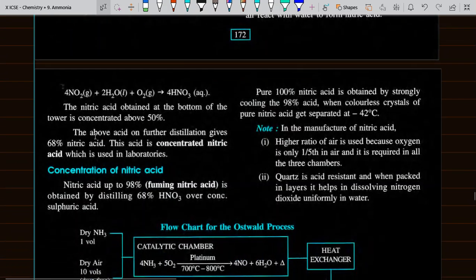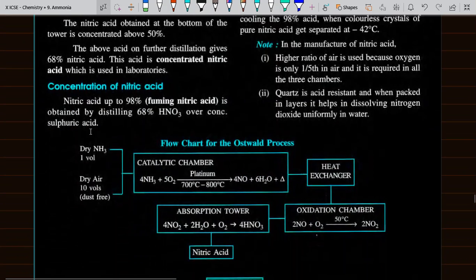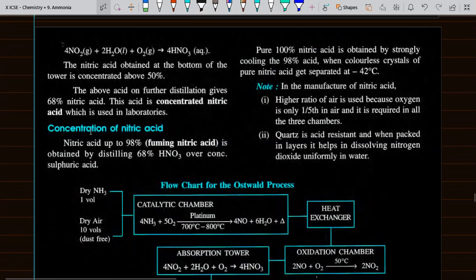The nitric acid obtained at the bottom of the tower is concentrated above 50 degrees Celsius. The above acid on further distillation gives 68% pure nitric acid. This acid is concentrated nitric acid which is used in laboratories.